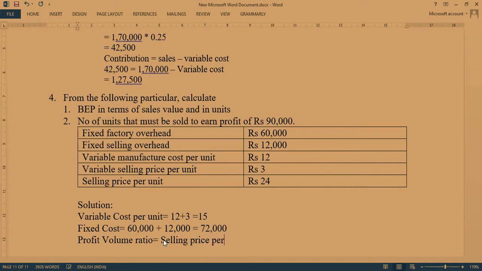The profit volume ratio equals selling price per unit minus variable cost per unit, all divided by selling price per unit, into 100. This is the formula.